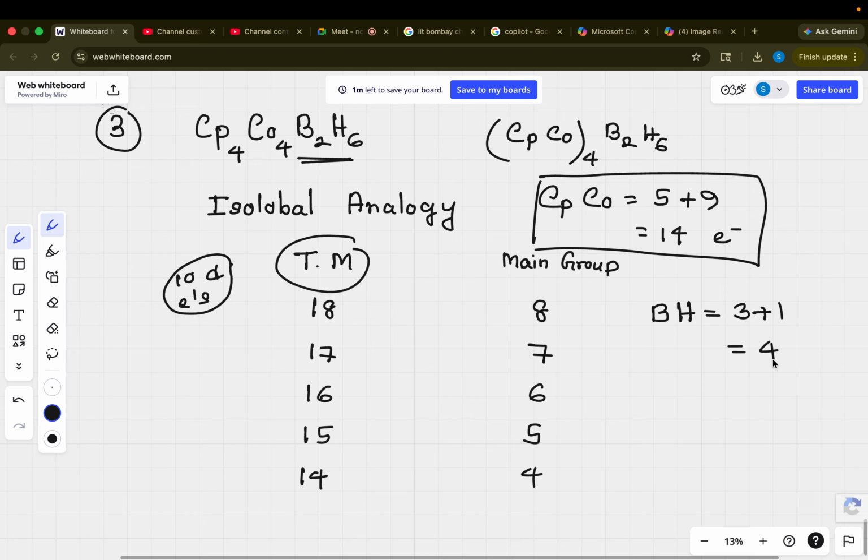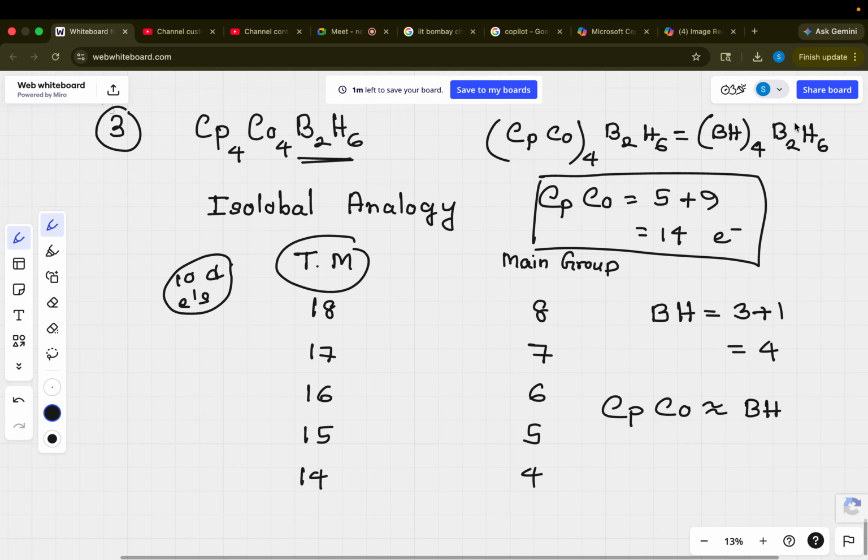So you are getting 4 electrons. So that means this CpCO unit is actually equivalent to your BH unit. So you can write here BH whole 4 B2H6.